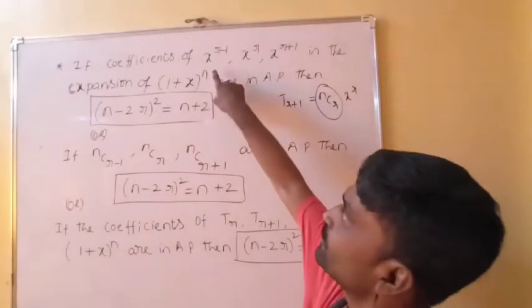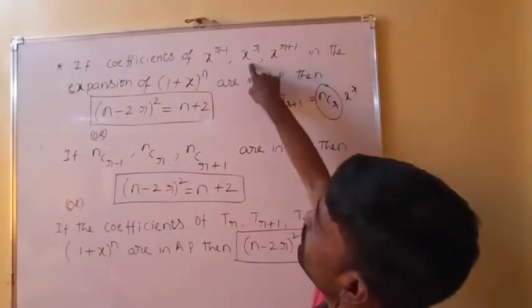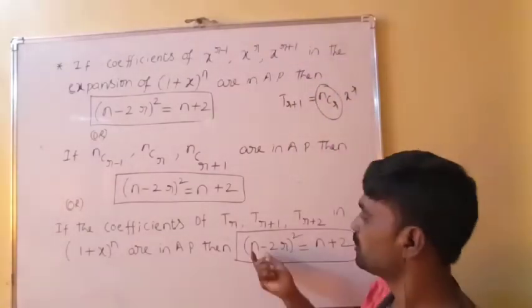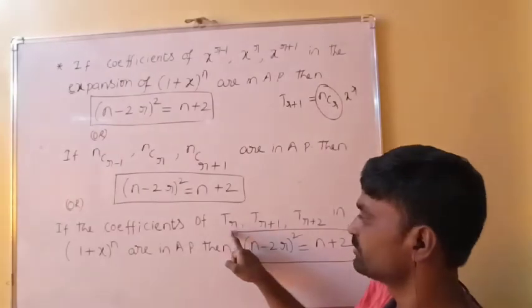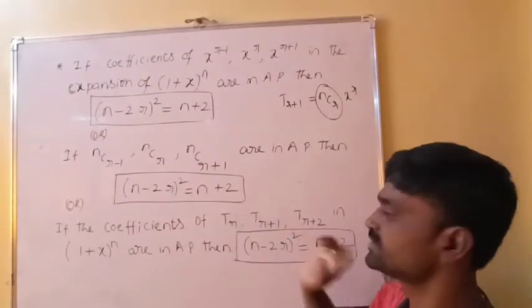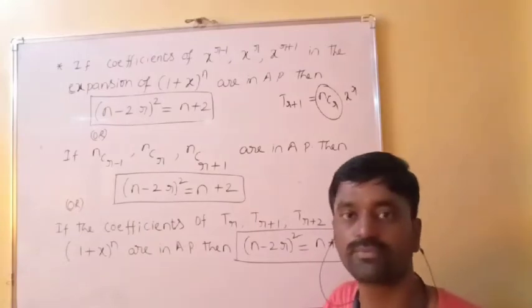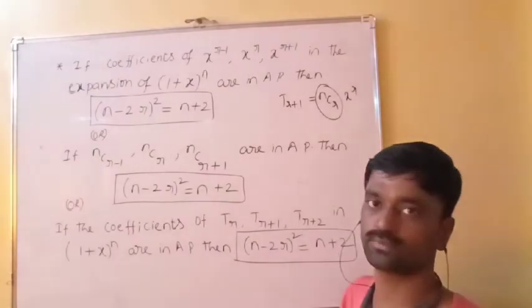In this form, for the middle term, whatever x power you have, that is r. If they give it in the form of terms, then the subscript of the middle term is r. For example, if they give the coefficients of the 4th, 5th, 6th terms, you have to take the r value as 4.